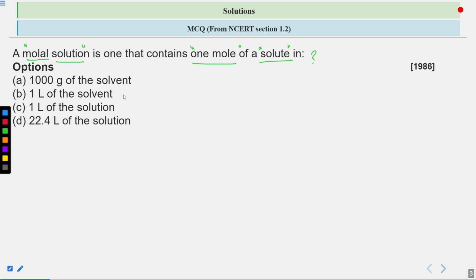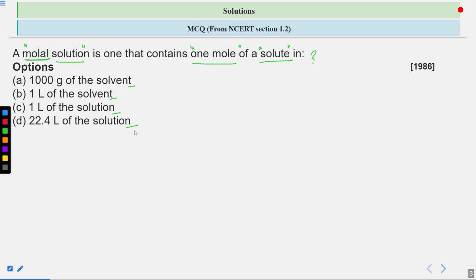First of all, let me clarify that we are talking about molal, that means molality. By that, you can relate this question and answer it. The 4 given options for this question are 1000 gram of the solvent, 1 liter of the solvent, 1 liter of the solution, or 22.4 liter of solution.